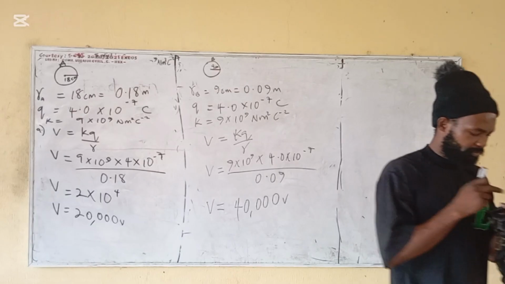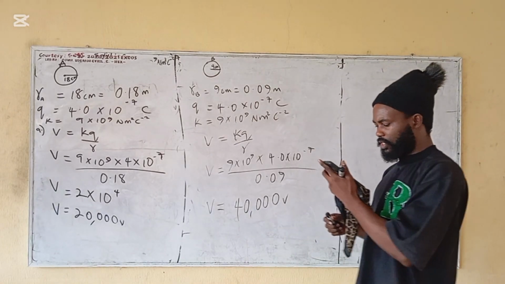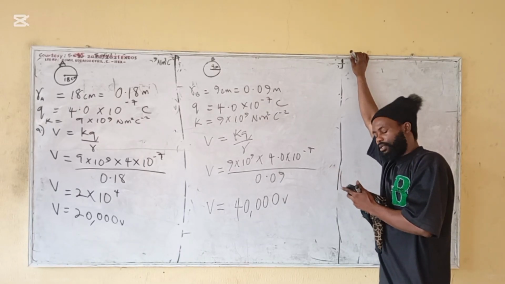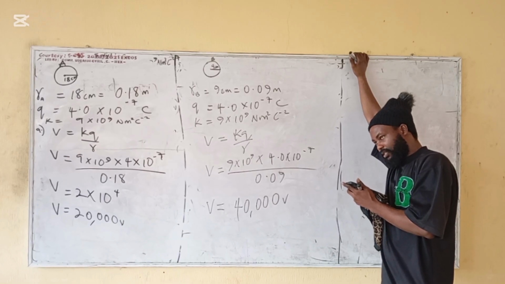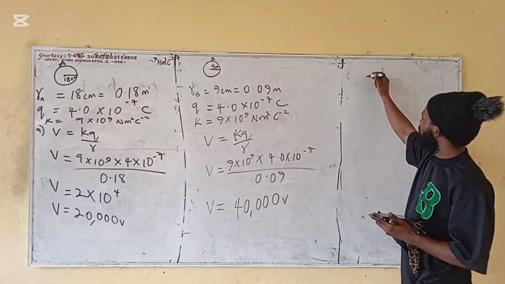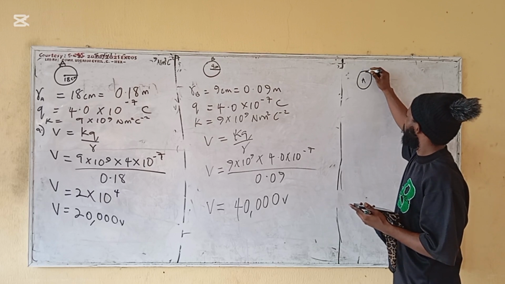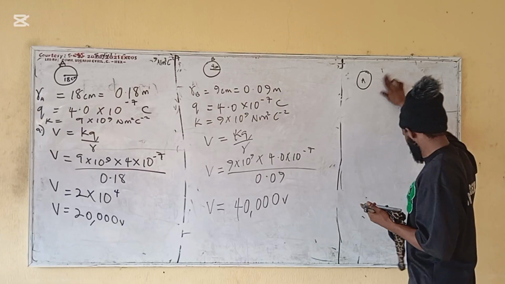Then C. What does C say? If spheres A and B are connected with a wire, what is the relationship between the potentials of A and B? I have A, then I have B, which should be smaller since it's half of it.